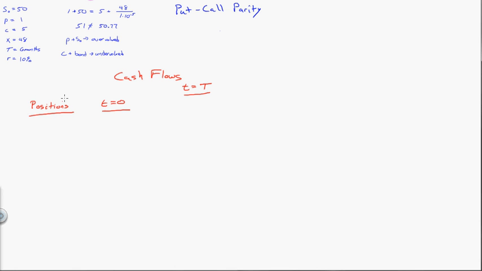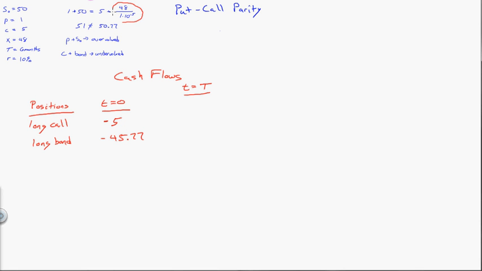So first of all, because the put and the stock are overvalued, I want to short them, and the call and the bond are undervalued. I want to buy them. So I go long the call, and it costs me $5, and long the bond, it costs me $45.77.